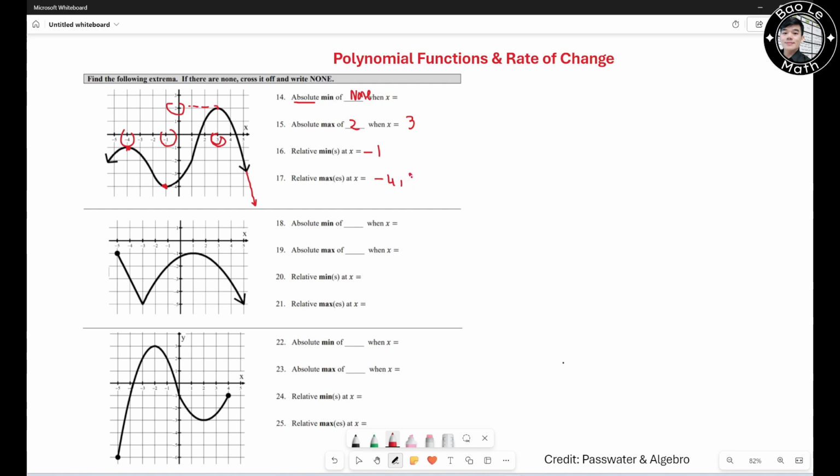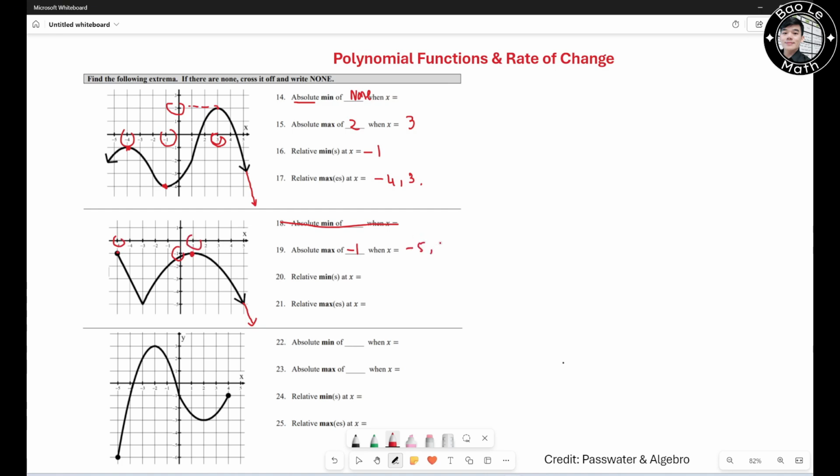-4 and 3. Now number 18, absolute minimum. There is no least value because this keeps going down, right? So there is nothing. Now number 19, absolute maximum. We have the highest point right here and the highest point right here. So absolute maximum of -1 when x equals -5 and 1.